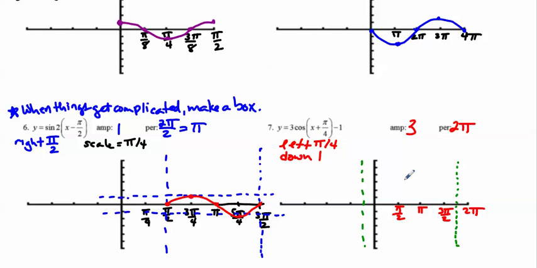My amplitude is 3, which means it's going to go up 3 from the midline. So my maximum point will be here at 3. 1, 2, negative 3. And then my graph will happen inside this box. So cosine starts above the midline. So I'm going to start here above the midline.